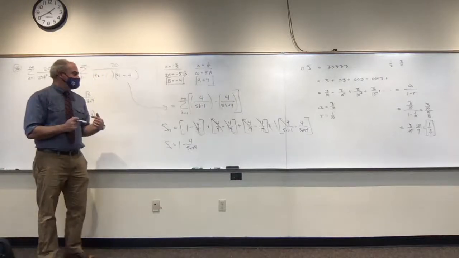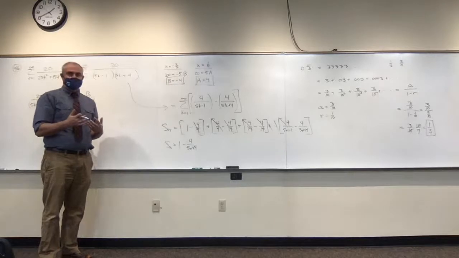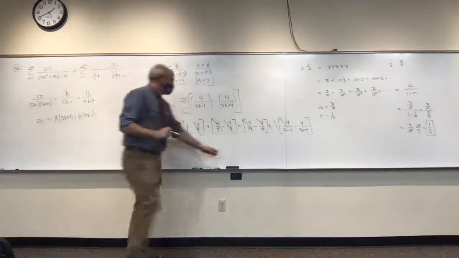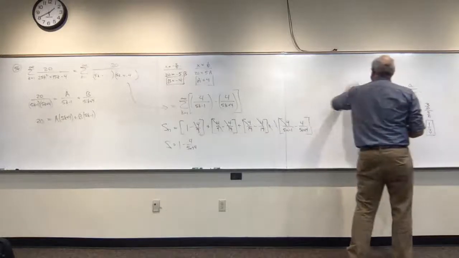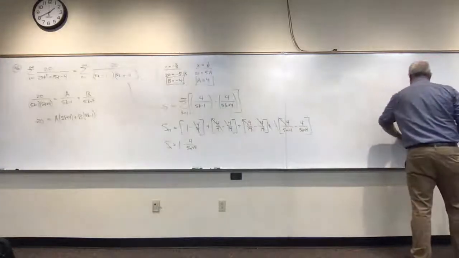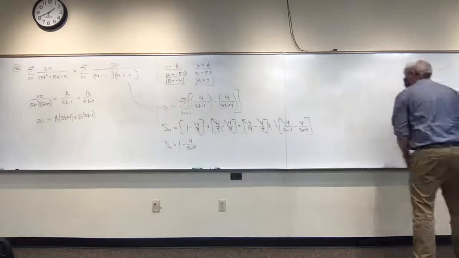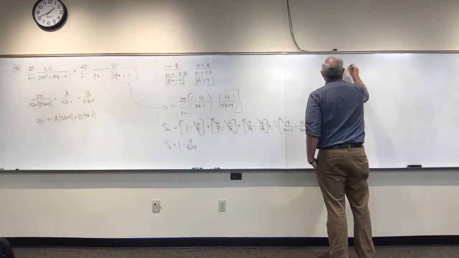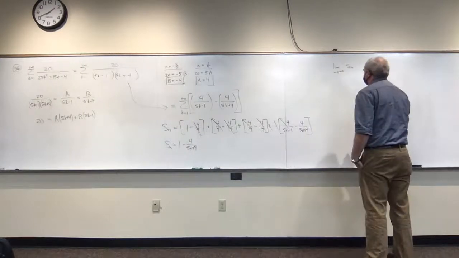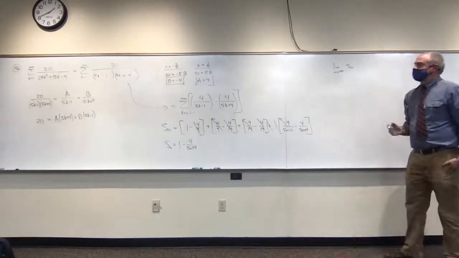But I'm interested in what happens if n goes to infinity. So I can just take the limit as n goes to infinity of S sub n, and that's going to be the sum of my series.